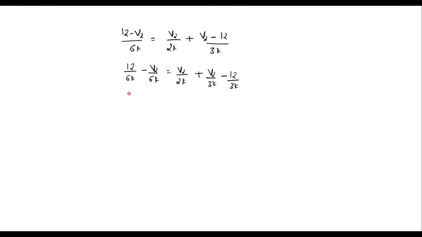I will simplify this further. It is 12 by 6K. I take this term on the left hand side, it will become plus 12 by 3K, is equal to, taking this term on the right hand side, V2 by 6K plus V2 by 2K plus V2 by 3K.